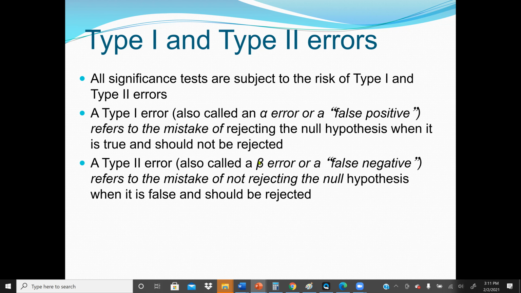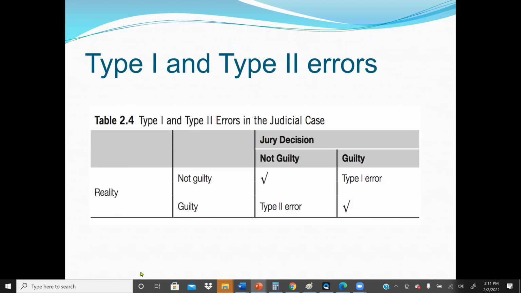Type 2 error refers to the beta error, or false negative, the mistake of not rejecting the null hypothesis when it is false and should be rejected. This is the main reason why we want our p-value to be very, very small.